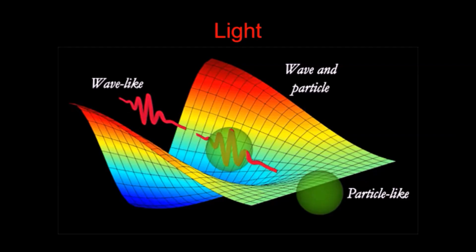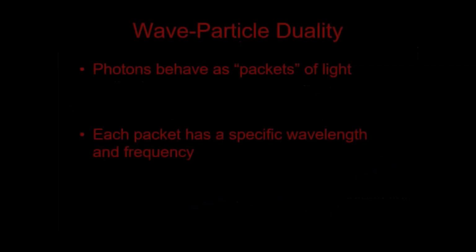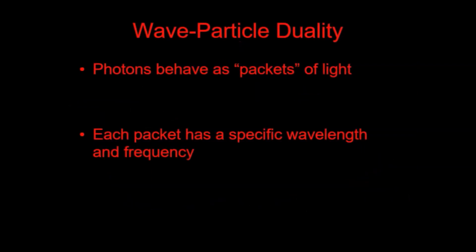That means it can often behave like a hard sphere and bounce off of something, but it can also be absorbed in the same way that any wave can. This is referred to as wave-particle duality, where photons behave as packets of light, and each little packet can have a specific wavelength and frequency. They are also referred to as quanta, and this is where terms such as quantum mechanics are derived.